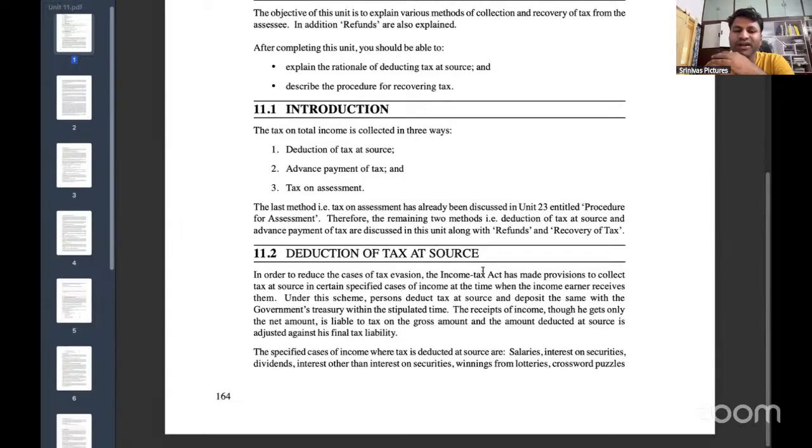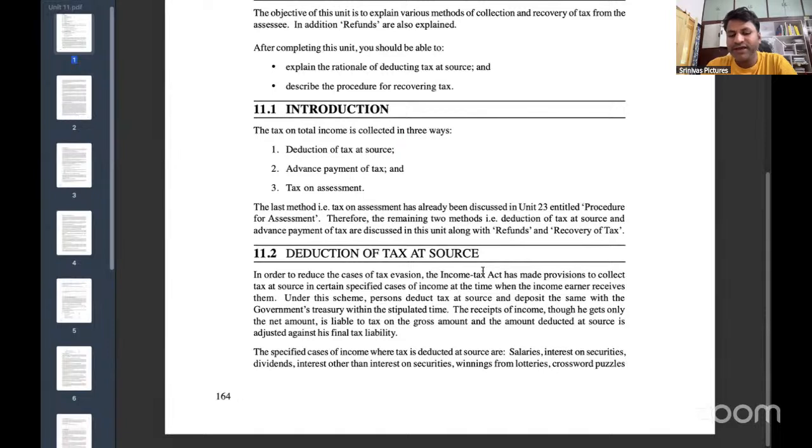What does this mean here? For example, I am running one company. In my company there are thousands of employees working, and thousands of employees have to pay tax. So instead of paying the total gross salary to them, from whatever the employees earn, I am going to deduct their tax before payment to them.